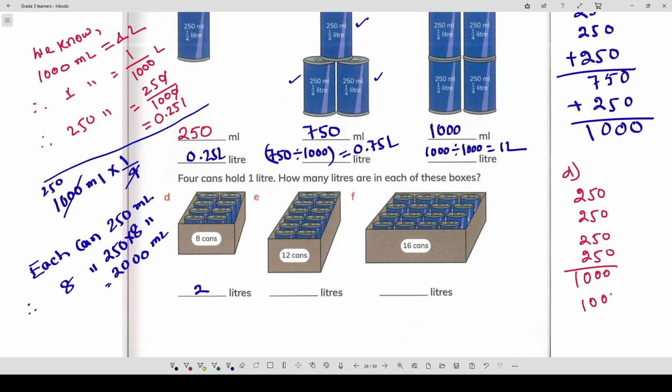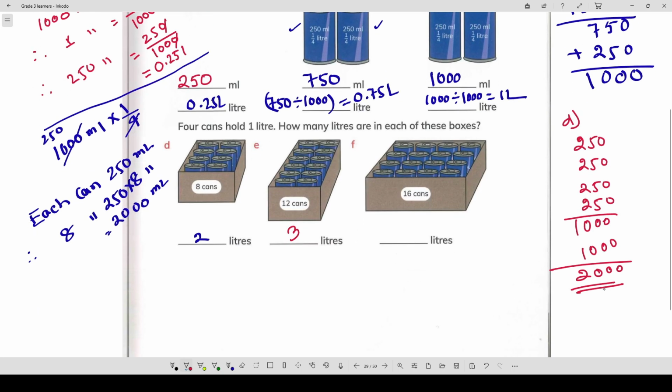It means total 2000, right? So 2000 means 2 liter. What about 12 cans? 12 cans, it will be 3 liter because another 1000 ml. It means 3000 ml. It would be 3 liter.